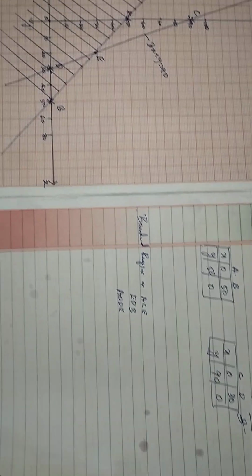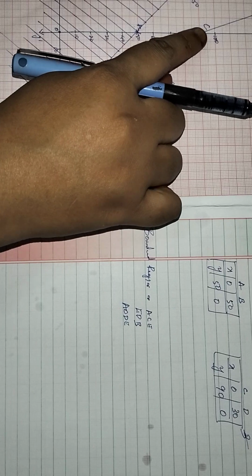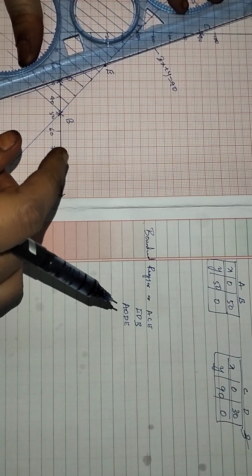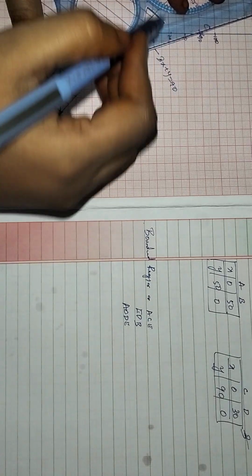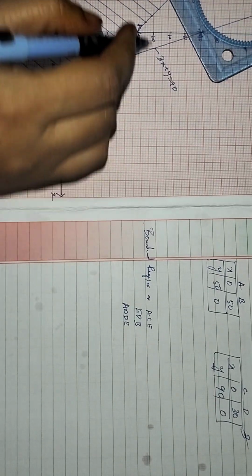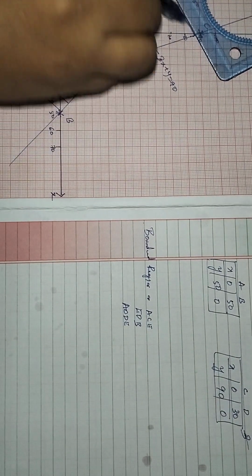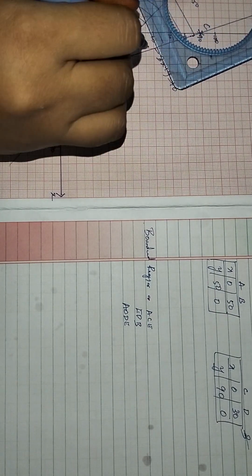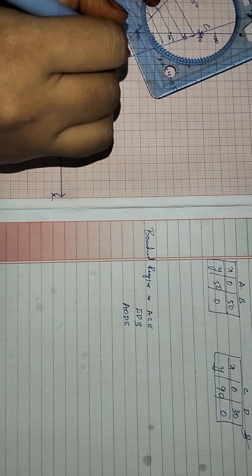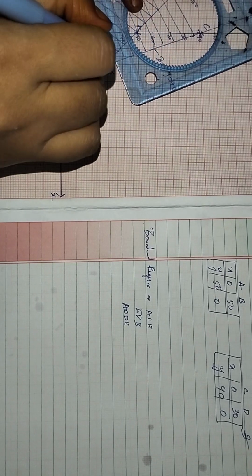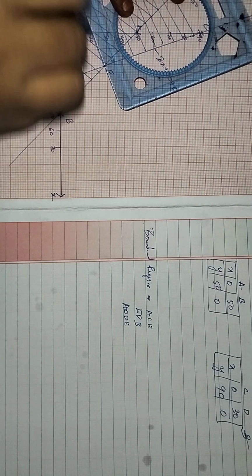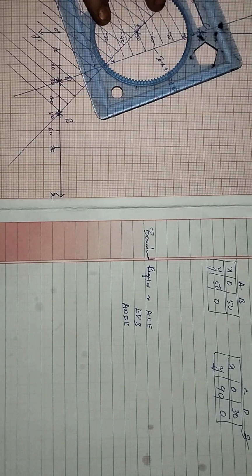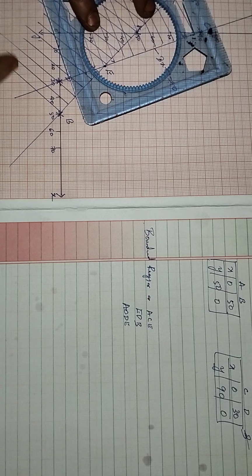So this is up to 90. This is the line which we have taken for 3x plus y. From this line, draw a downward arrow mark. Okay, I hope this is clear to you.